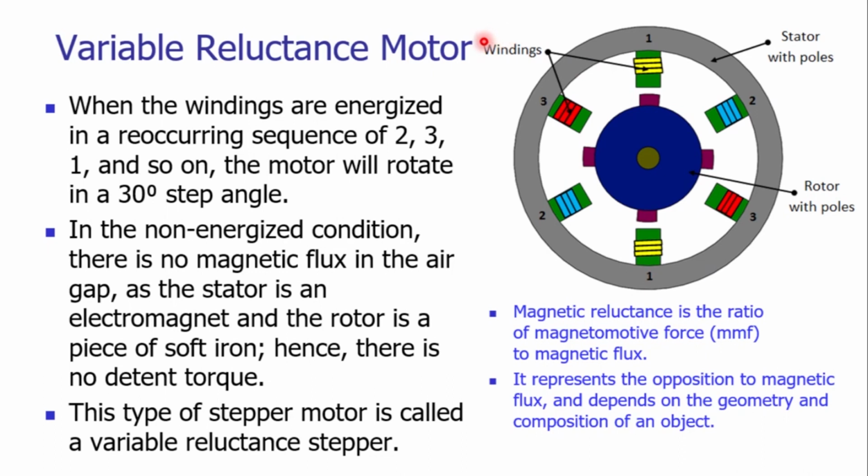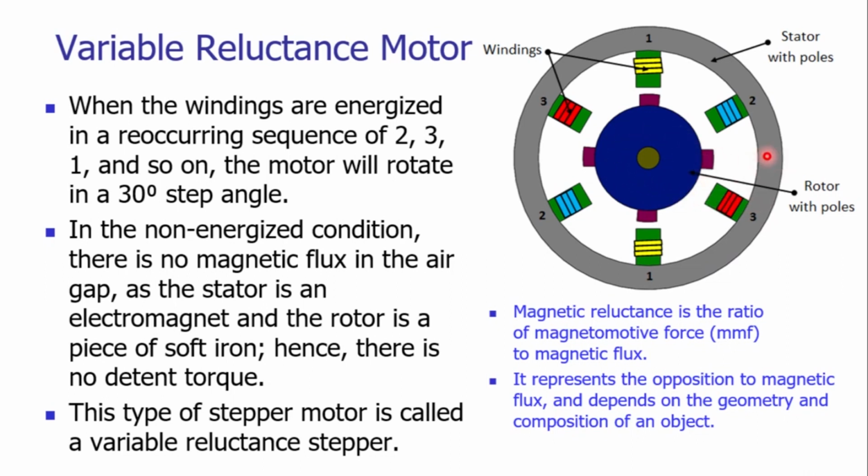On your screen, you can see the construction of a typical variable reluctance motor. It has a stator with a number of poles. Here you can see 6 poles, and we can consider them as 3 pairs of poles. There is a rotor, as we have seen in all electrical motors.